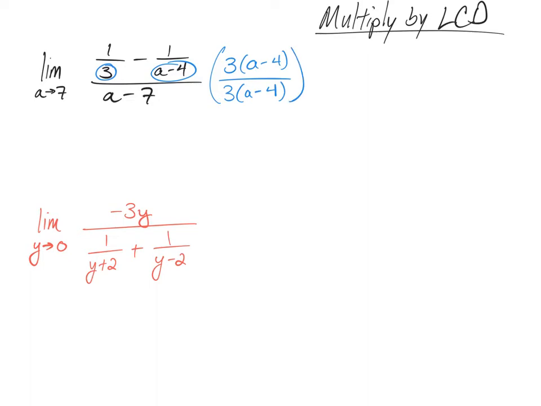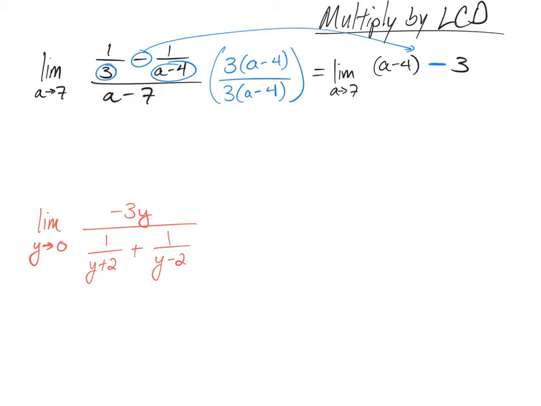So here's what ends up happening. When you multiply 3 times a minus 4 to the first fraction, the 3's will reduce, and that'll leave you with n times a minus 4. Now when you take this and you multiply it to the second fraction here, the a minus 4's will cancel out, leaving you with a 3. And this minus sign is still right there.